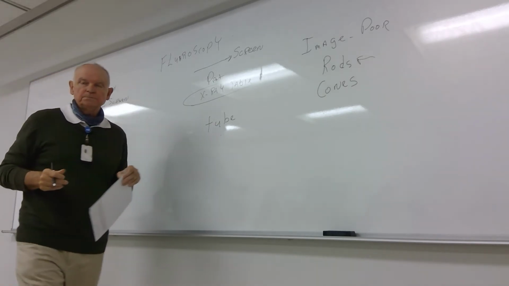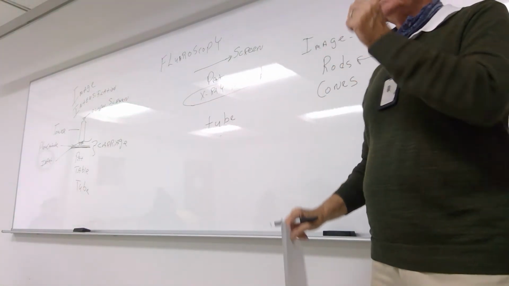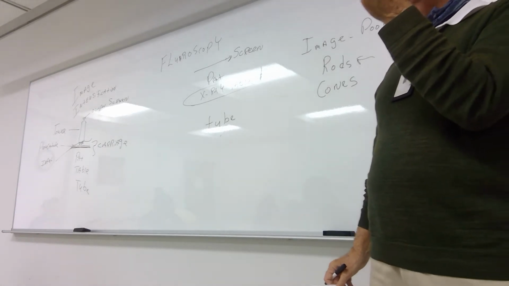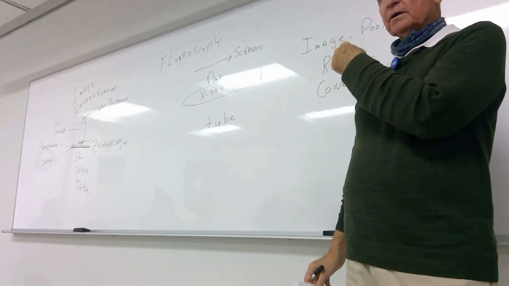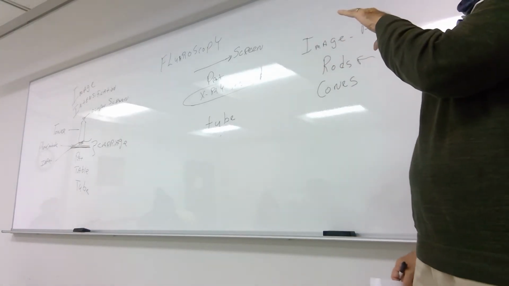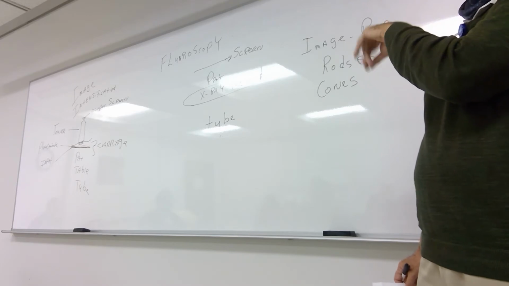That's at the top. If you have one X-ray photon converted to 50 light photons, this is even better, because by the time I get to that output screen, we have a lot of light compared to down below.